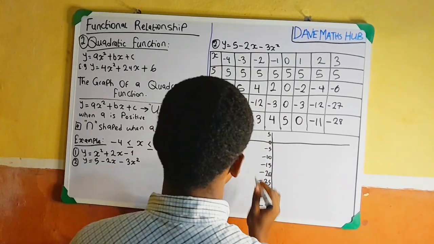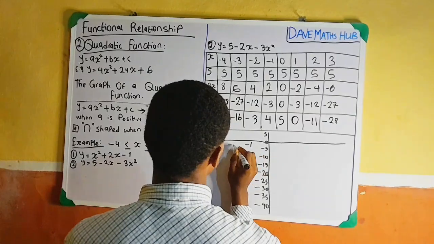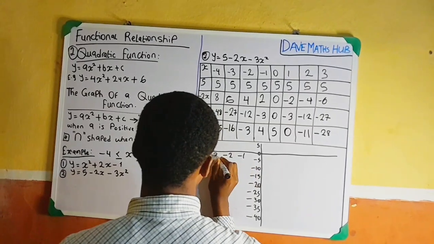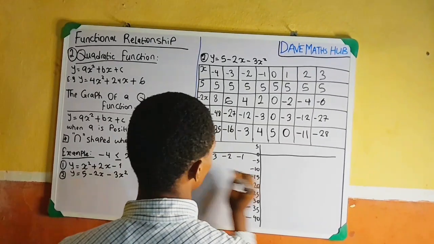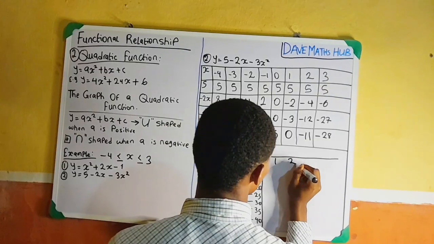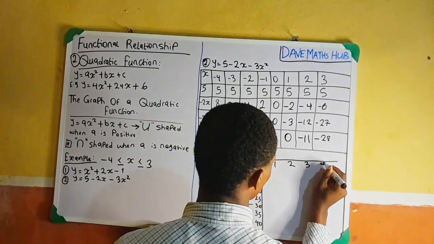So x is minus 1, minus 2, minus 3, minus 4, 1, 2, 3, and 4.